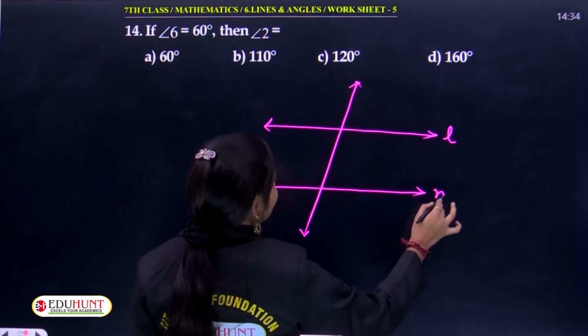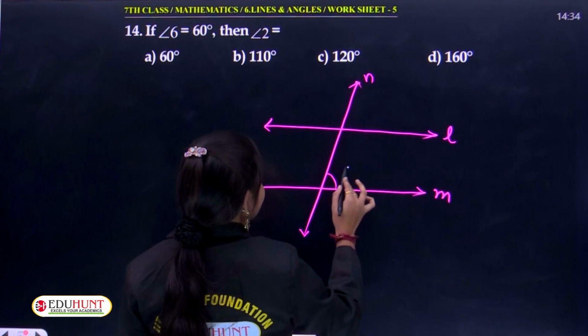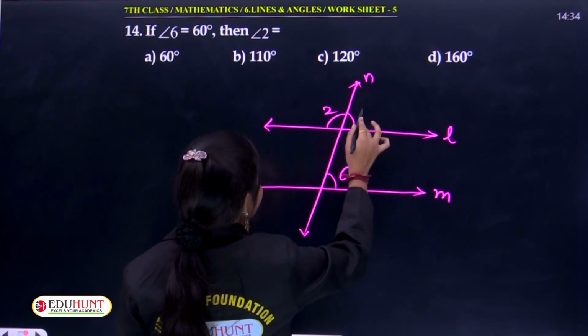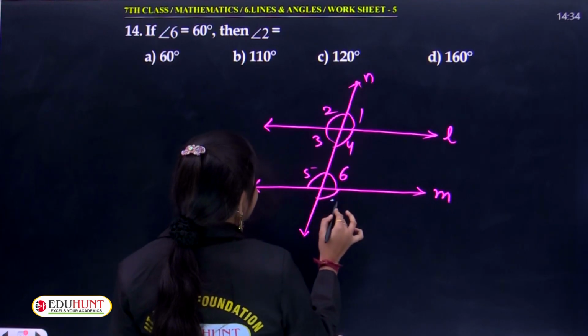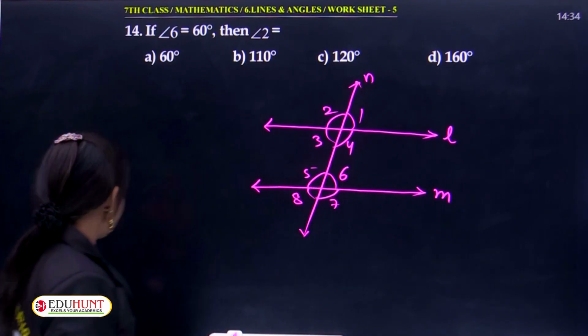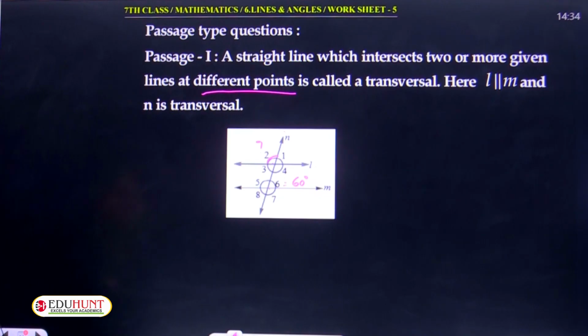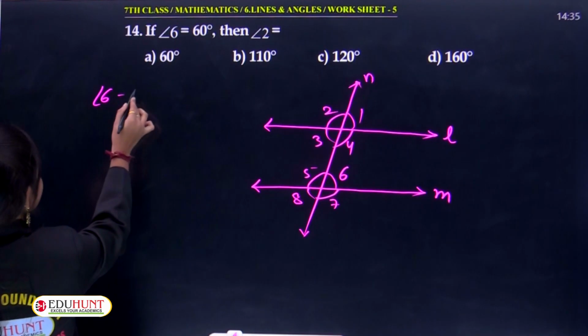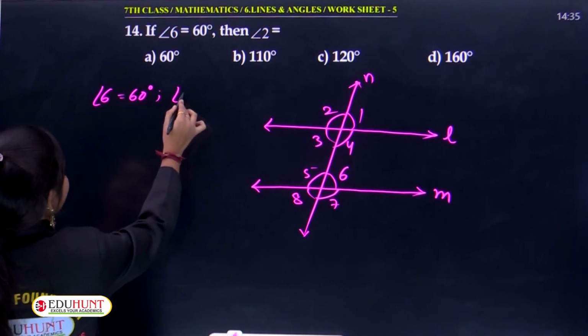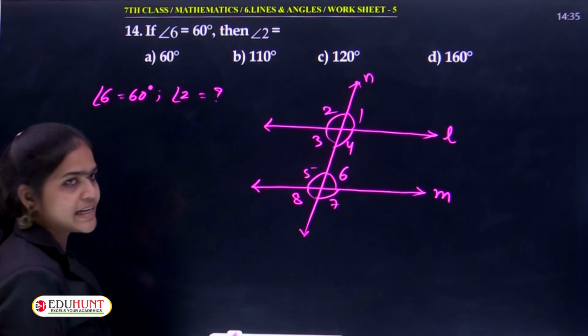L is parallel to M, N is a transversal, here 6 is there, here 2 is there, numbered 1, 2, 3, 4, 5, 6, 7, 8. The same diagram along with the same numbers. They have given that angle 6 is equal to 60 degrees, and they are asking how much angle 2 is.